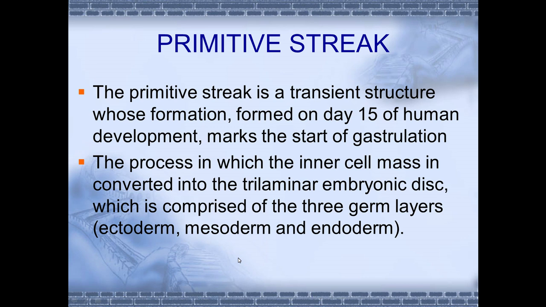It is a transient structure, and its formation approximately on day 15 of human development marks the start of gastrulation, a process in which the inner cell mass is converted into the trilaminar embryonic disc. Trilaminar embryonic disc means there is formation of 3 germ layers: the ectoderm, the mesoderm, and the endoderm.